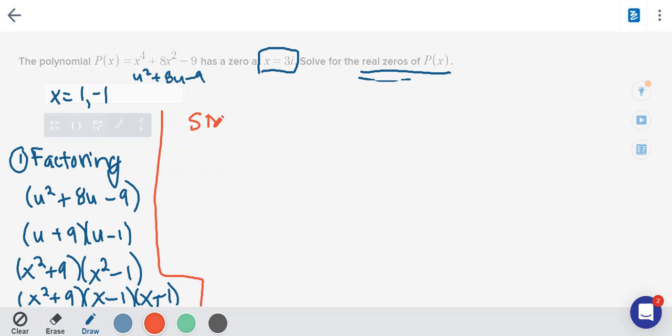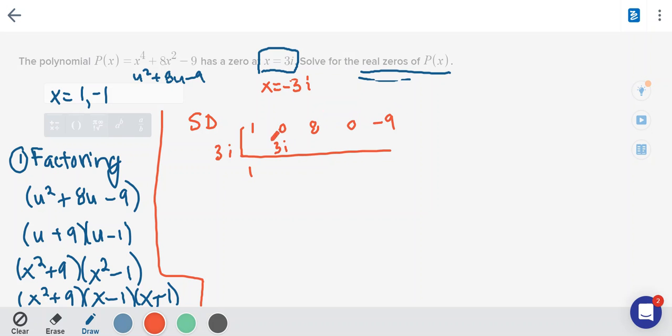We kind of have two choices here. I can do the conjugate root theorem, which tells me that -3i is also a solution, okay? And I can do synthetic division twice. Once with 3i and 1, 0, 8, 0. Okay.